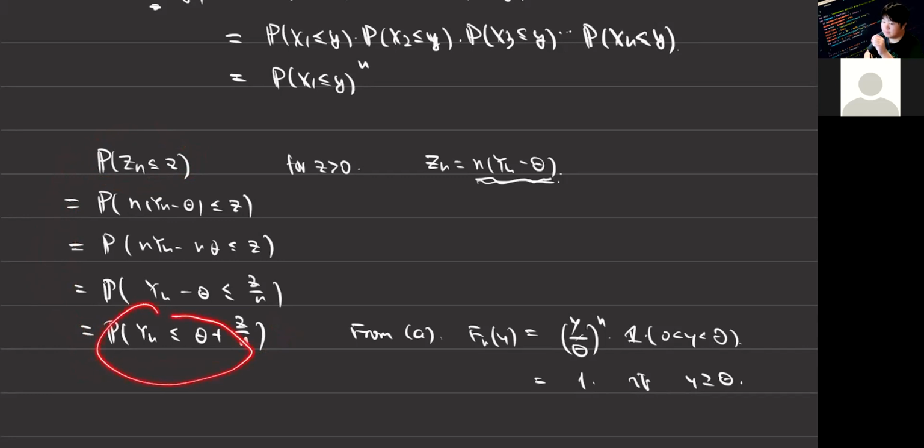Notice that the input here is still z; there's no y in the input. So we're borrowing what we know from Yn, but plugging in a function of z. And that gives us the CDF of Zn.